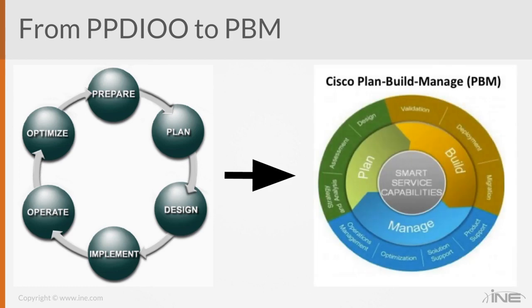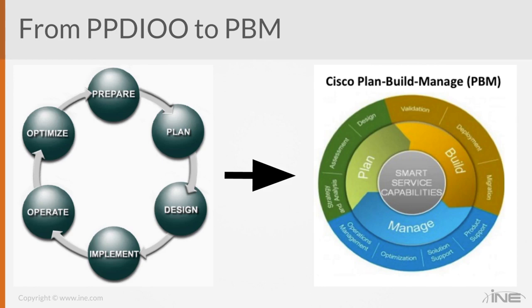So we're moving now to plan, build, manage. If we look at this wheel, it's pretty analogous to the previous one. So we plan, then we build, we manage, and then it leads us back to the plan.